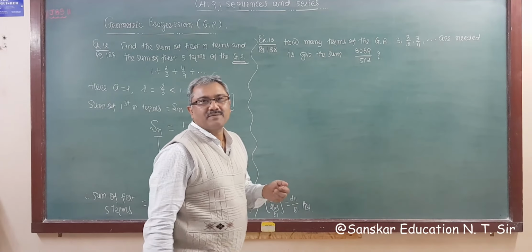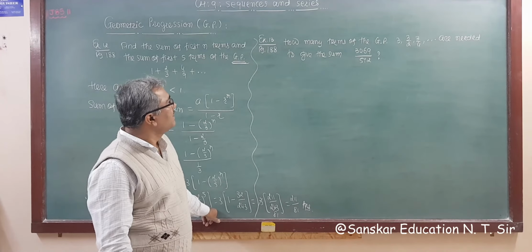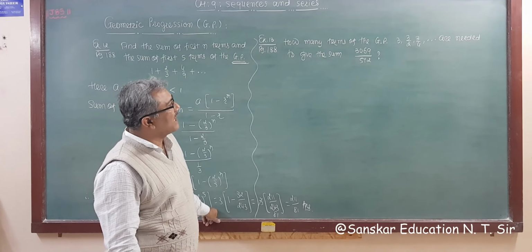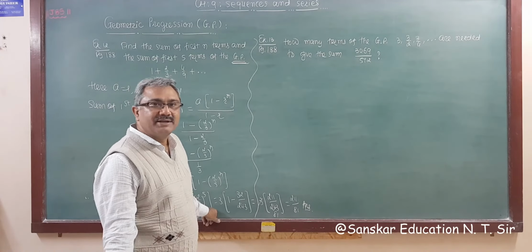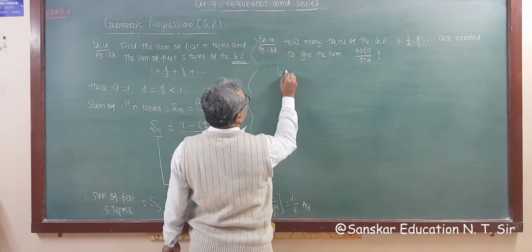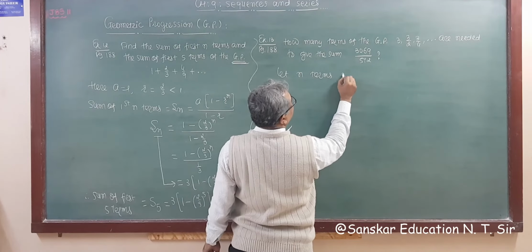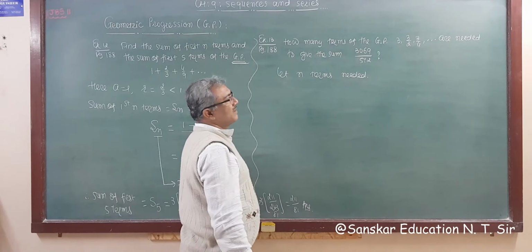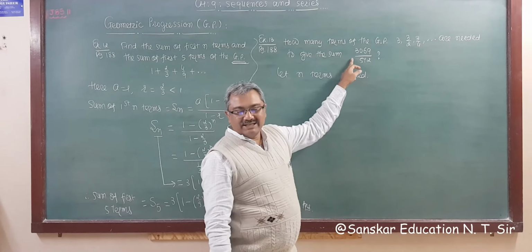Next question. Example number 13, page 188. How many terms of the GP 3, 3 by 2, 3 by 4 are needed to give the sum 3069 upon 512? We assume that suppose n terms are needed. So the sum Sn is given.